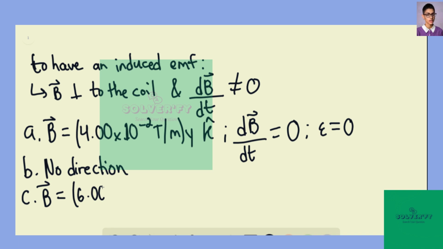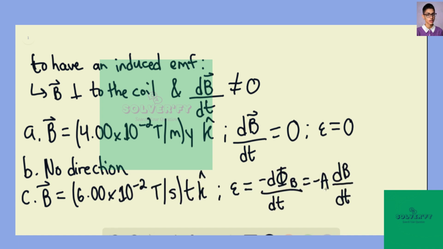We can say that the absolute value of the EMF would, of course, be positive 1.00 millivolts. And the direction here for the EMF would be clockwise, or again, CW.